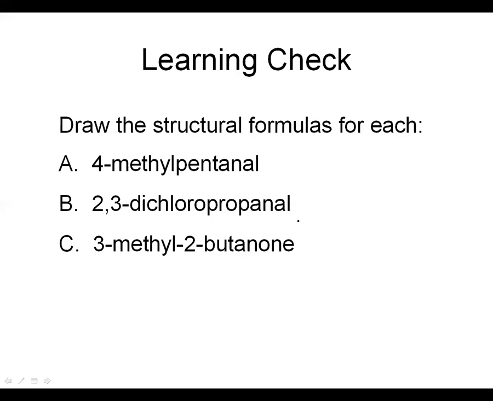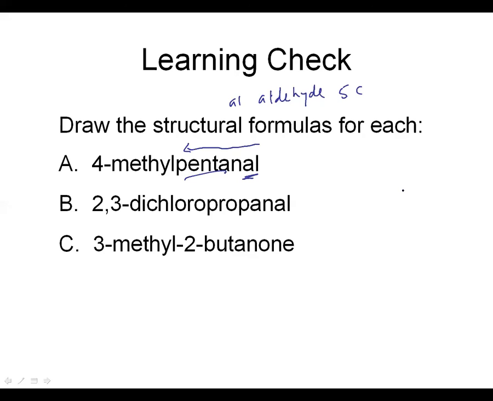Okay, so let's see how we're doing here. So let's just get some stuff out of my way so I can actually see what it says. So just like usual, when we do have the name and we want to work backwards, we're going to start with the back part of the name. First off, the -al tells us that it's an aldehyde. And the pent- part tells us that there should be 5 carbons.